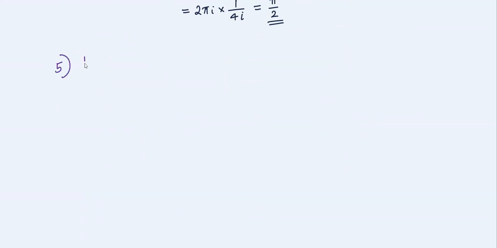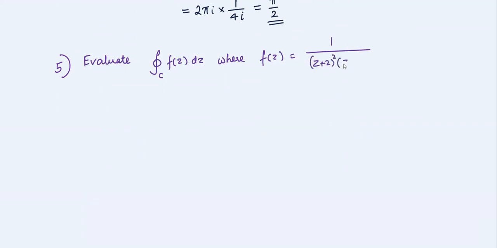Now evaluate the integral of f of z dz, where f of z is 1 by (z plus 2) whole square, (z minus 2) whole square, and C is mod of z minus 2 equal to 2.